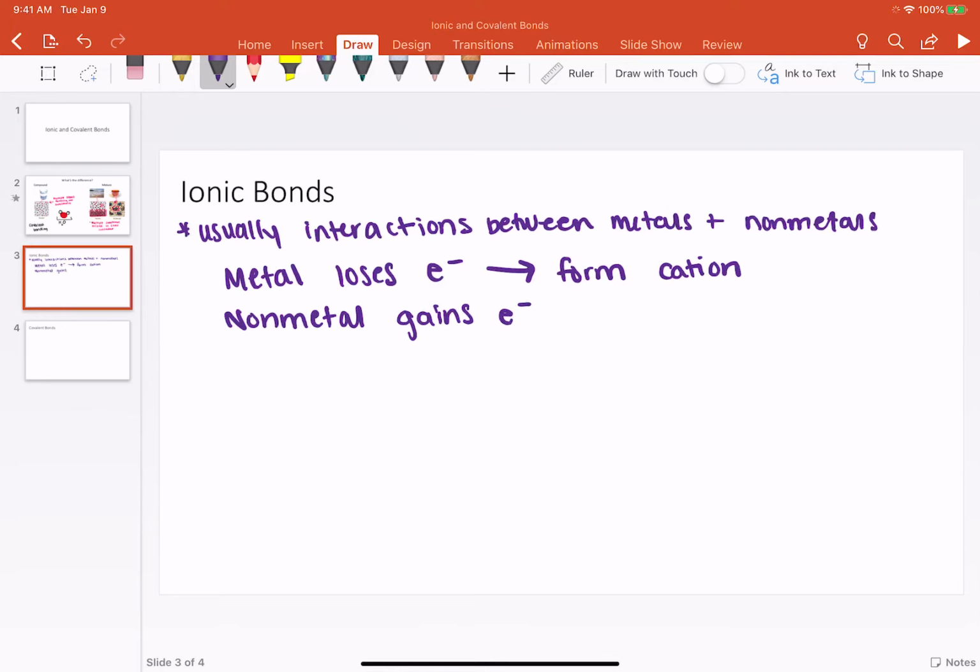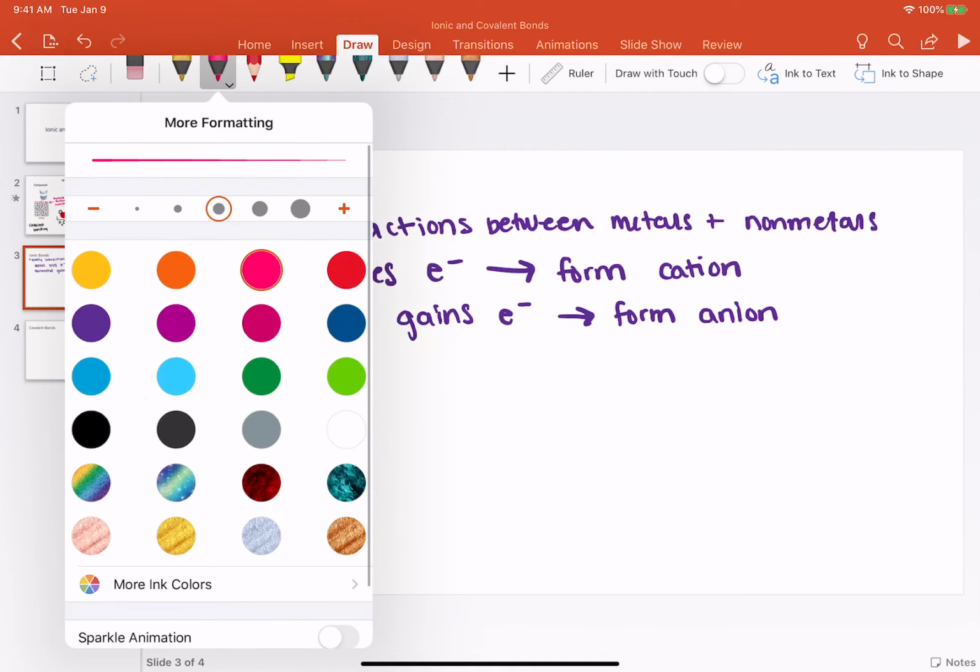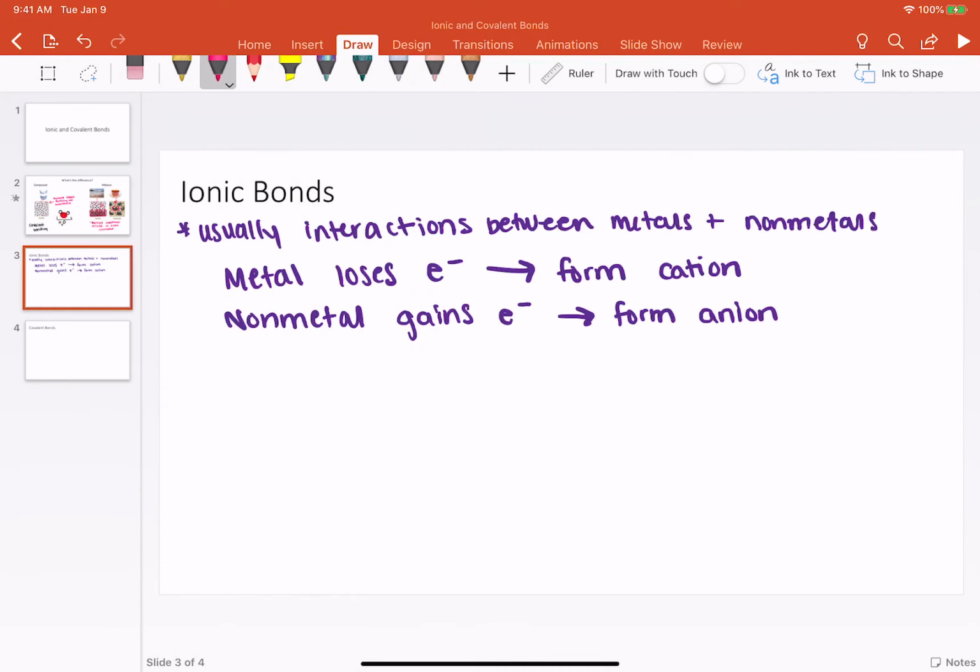I like to use this e- sign as an abbreviation for electron. So what are cations? What are anions? The cation is going to be a positively charged particle. The anion is going to be a negatively charged particle.